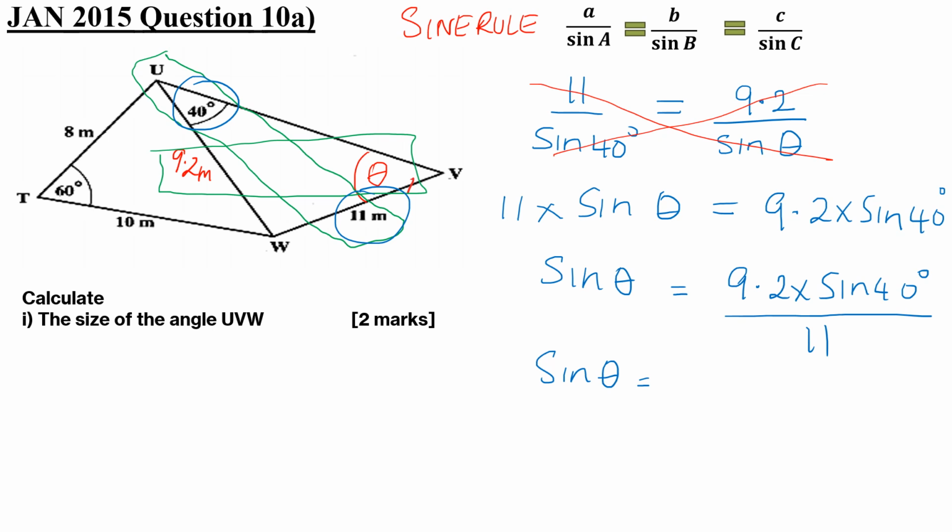Okay, let's do that. I got 5.9136, I'm going to give it to 4 decimal places because I want accuracy, right? So 5.9136 over 11. So sine theta equals whatever that is. Let's put it in the calculator: 0.5376, again 4 decimal places.